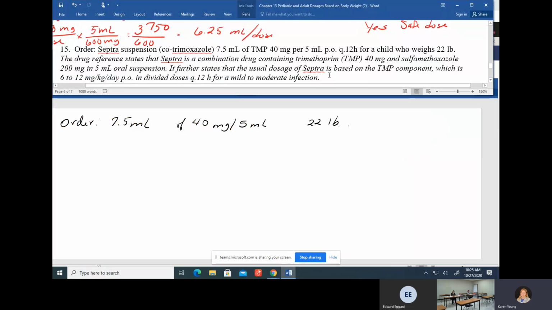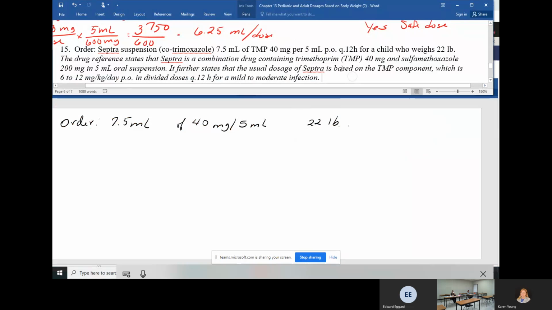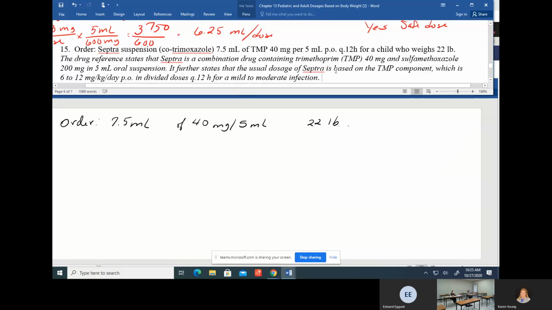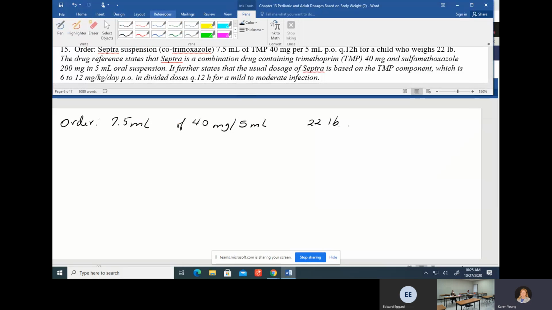So I have an order of 7.5 milliliters of 40 milligrams per 5 milliliters. And then the drug reference states that the Septra is a combination drug containing whatever this is. It's TMP, 40 milligrams.